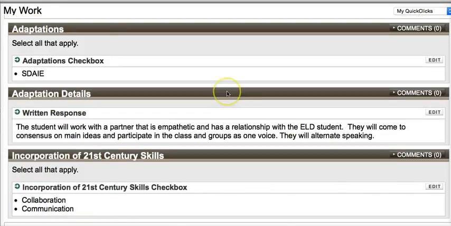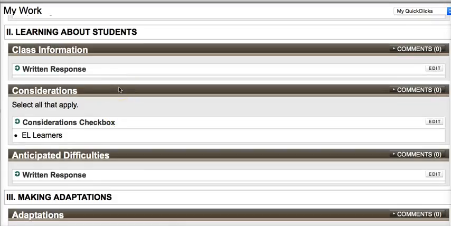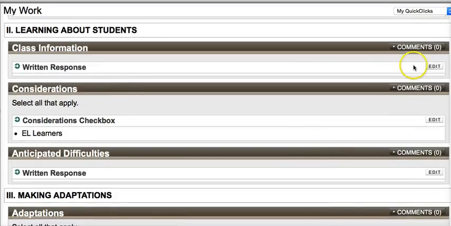All right. And then finally, the adaptations here. This is our different kinds of considerations. You have to know your class. You cannot teach whom you do not know. So this part will be written out in as much detail as possible, and you really have to dig.